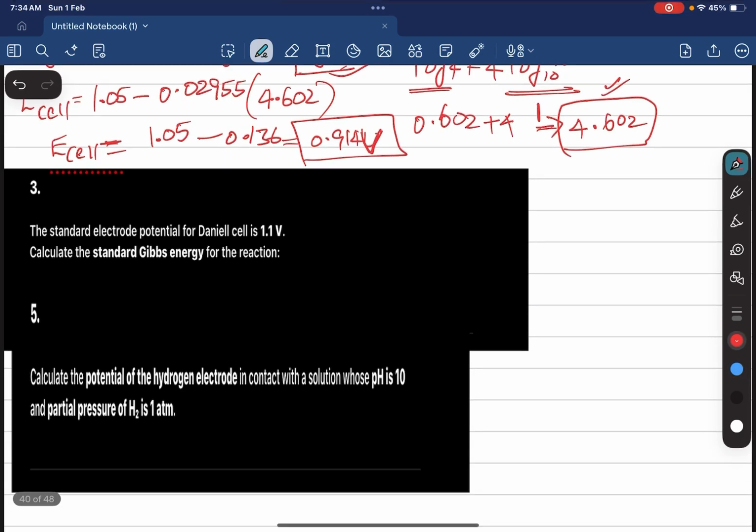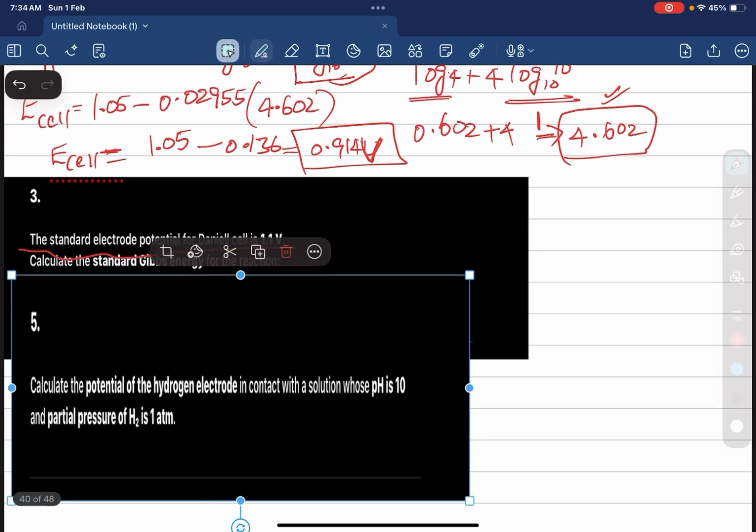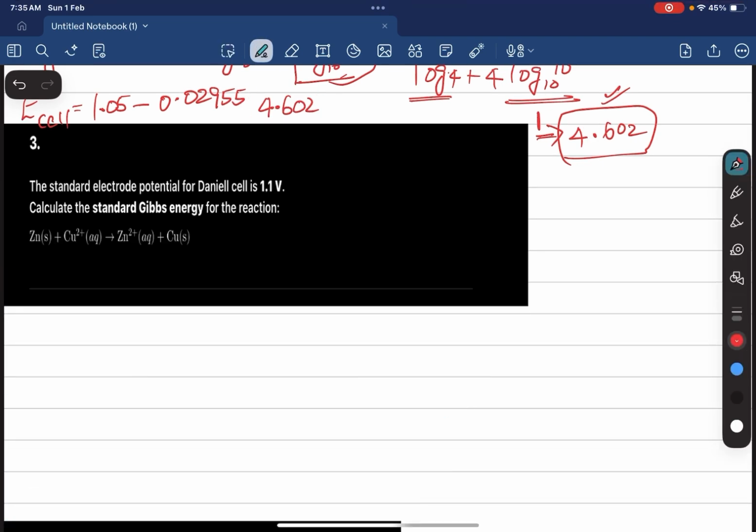Coming to the next: the standard electrode potential for a Daniell cell is 1.1 volt. Calculate the standard Gibbs free energy. So how do we calculate the standard Gibbs free energy? That we can do now. Here the equation is Zn plus Cu2+ gives rise to Zn2+ plus Cu.